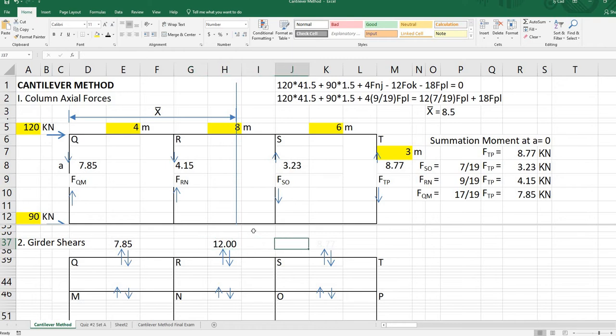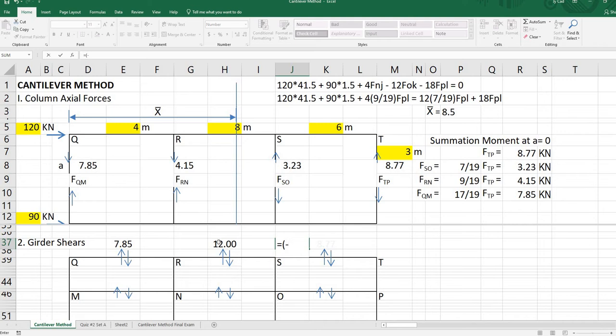And then here, it is the same approach. This is equal to the sum of 12. Ayan. This time, since for node S, etong 12 na yan, it is acting downwards.